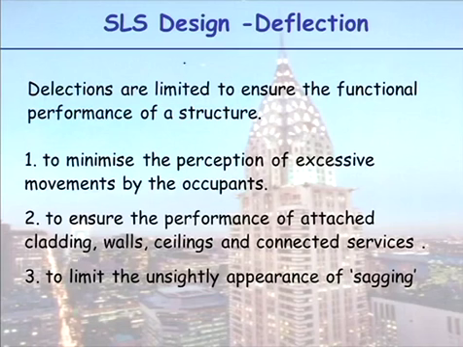Now when we do our deflection check, first of all, let's go over why we need it. Who cares how much it deflects? Well, there are a number of reasons, the main ones being, one, to minimise perceptions of excessive movements by the occupants. You know when you walk on something, if it moves around too much, you are scared, you're not happy using it, so it's not serviceable.